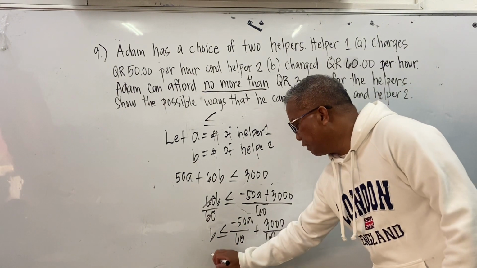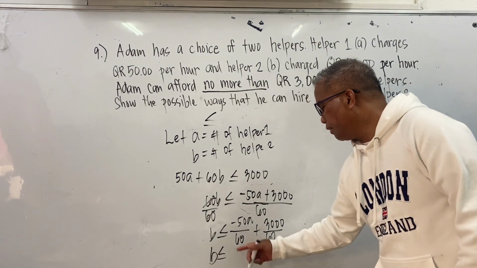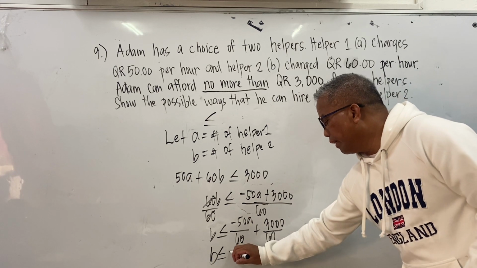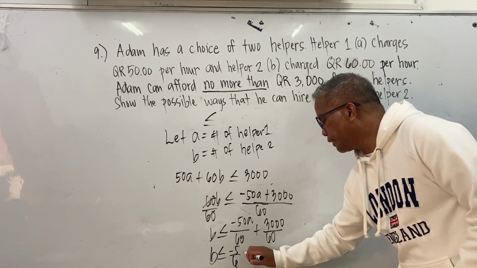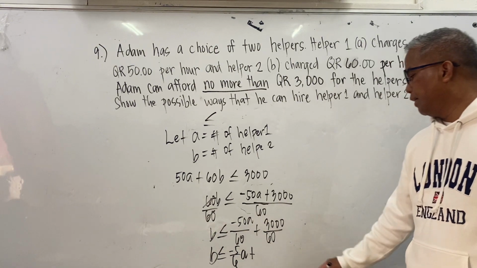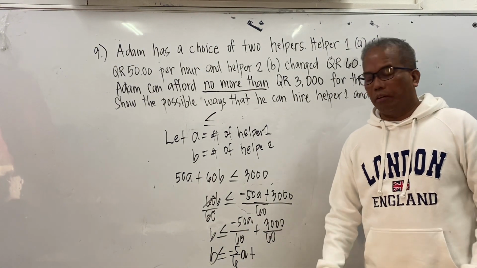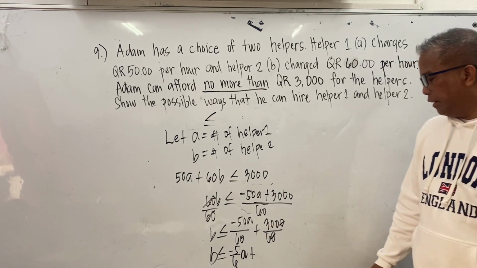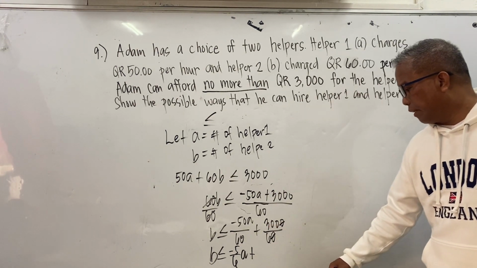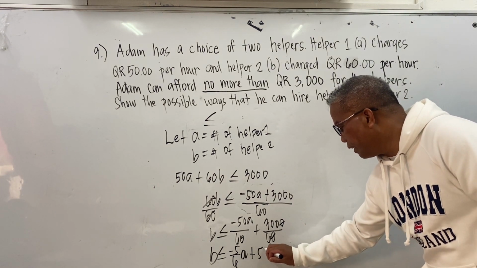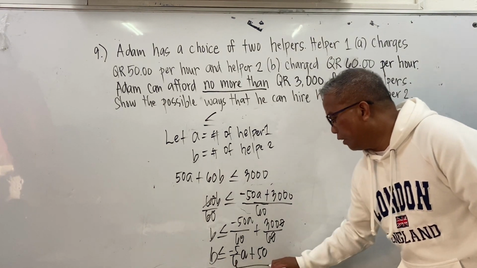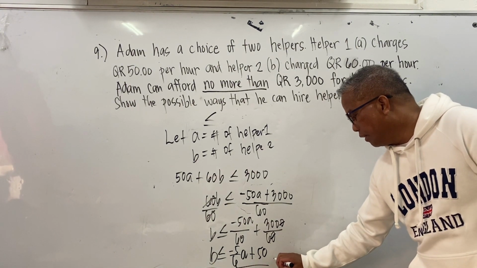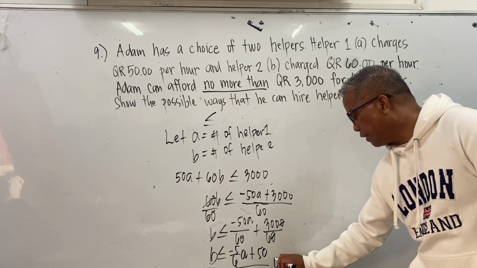Then simplify this: B less than or equal to negative 50 over 60, the lowest term will be negative 5 over 6 A plus 3,000 divided by 60, you can cancel 0, then 300 divided by 6 is equal to 50. So this is now our new inequality. We will start here. We have 0, 50 as our point.